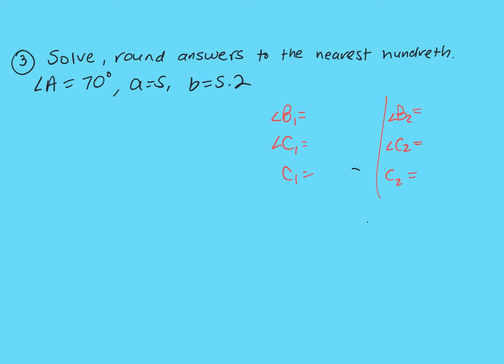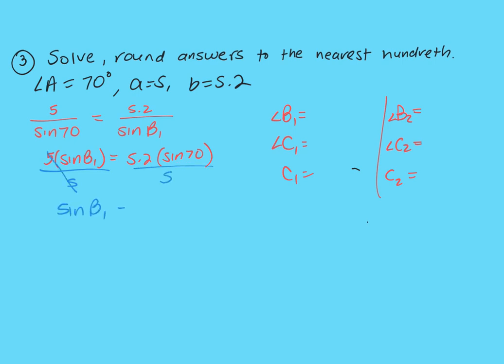The one I have both letters of is A. So I would do 5 over the sine of 70 equals b, which is 5.2, over the sine of B1. Cross multiply and divide, and I'd end up with the sine of B1 equals 5.2 sine 70 divided by 5, which is 0.9772, and so on.